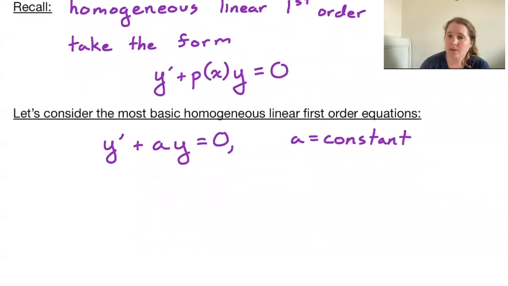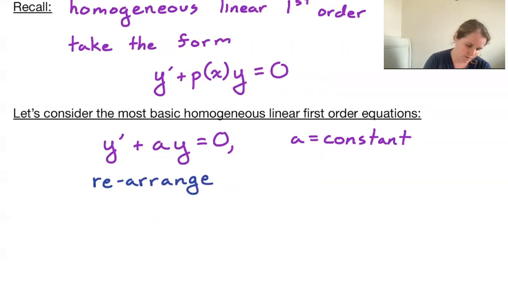Then we can rearrange this equation. So this will become y prime is equal to negative a y.